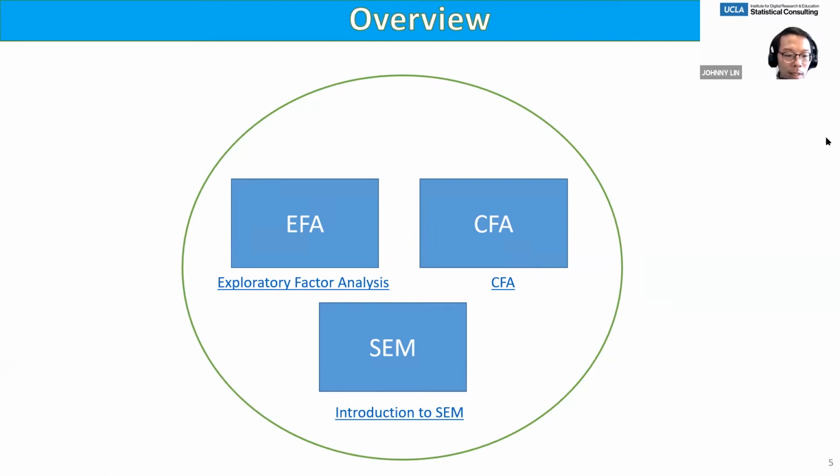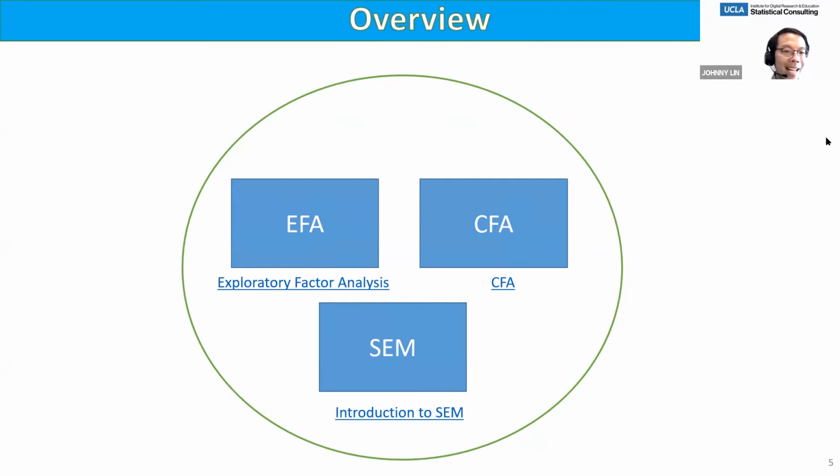So if you're developing a new depression inventory, and you just collect questions that you think are related to depression, but you don't know exactly if it measures depression, that would be appropriate for an EFA, because you can use that to explore the structure of the survey. You can remove items, you can add items, you can use it to figure out, is it a one factor, is it two factor? And that's what I explained in the seminar there.